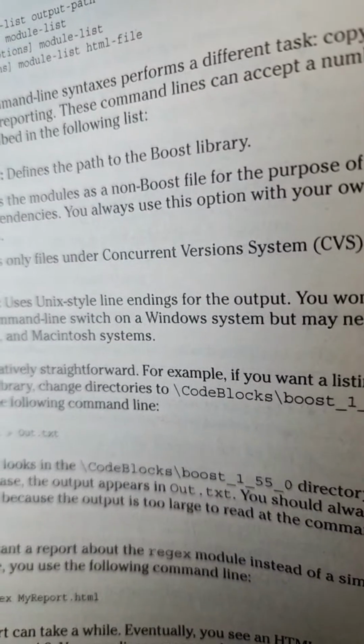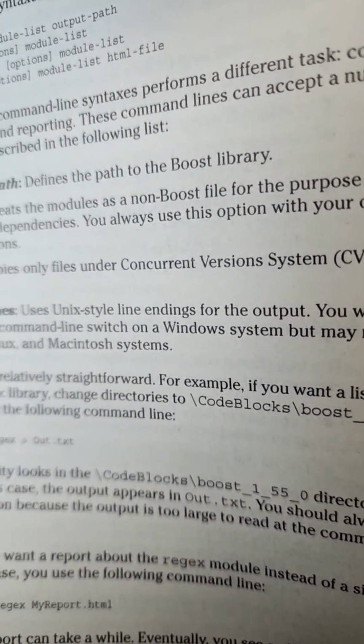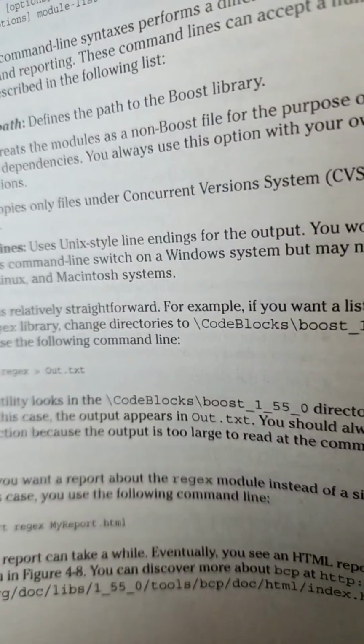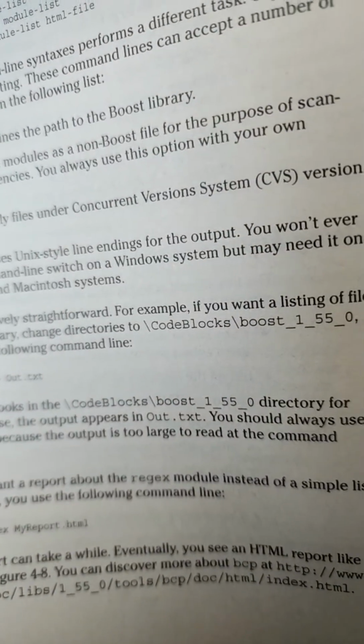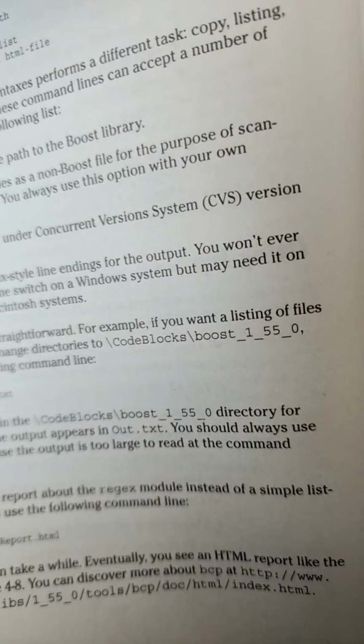The BCP utility looks in the /codeblocks/boost_1_55_0 directory for Boost. In this case, the output appears in out.txt. You should always use file redirection because the output is too large to read at the command prompt.